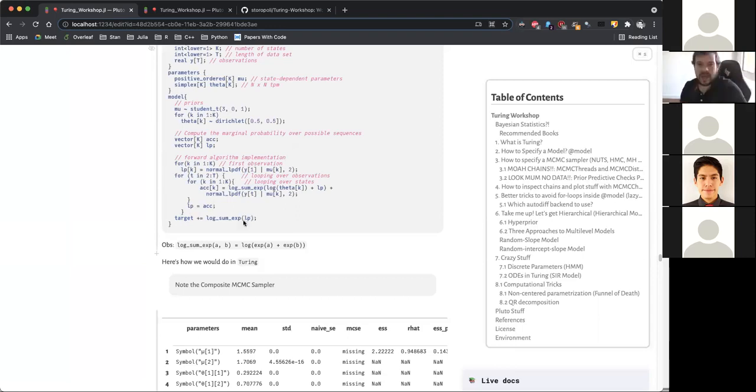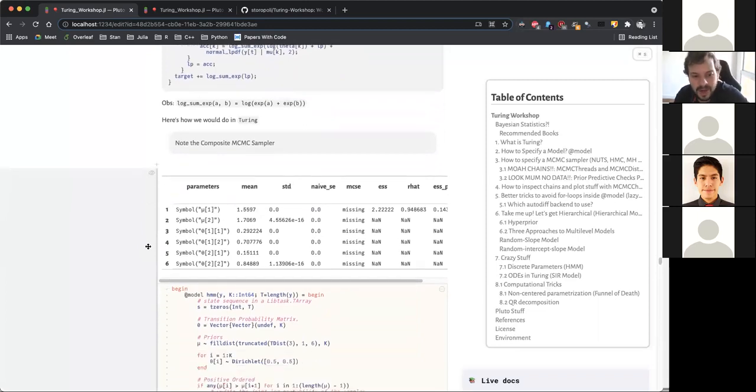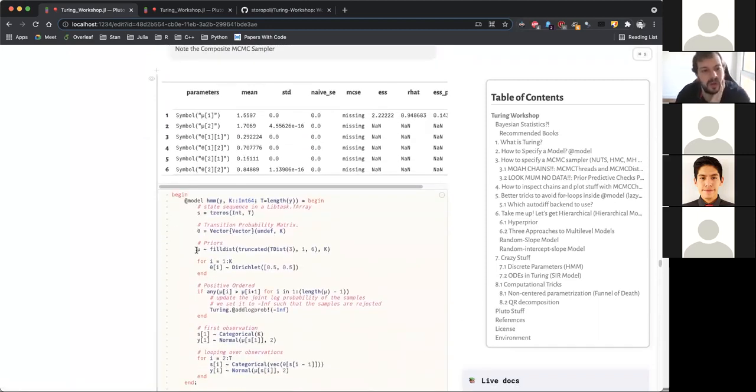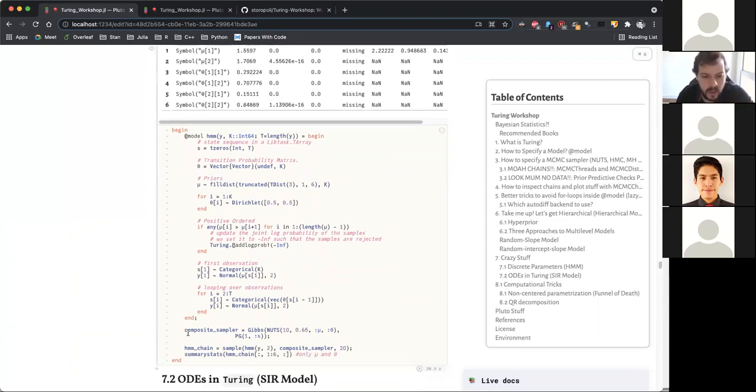In Turing, what is nice is that you can do a whole composition of samplers. This is really crazy. I like this a lot. So here is what we will do in Turing. I will go to the model later. Let me just show you what's going on here. I'm specifying a composite sampler.